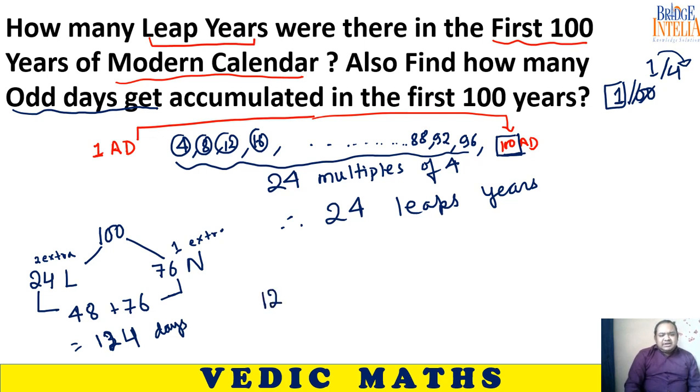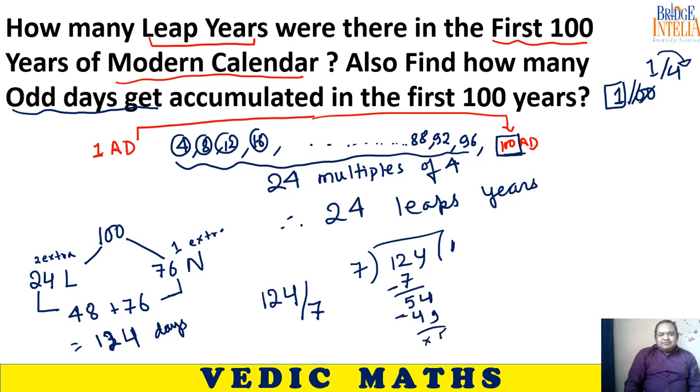So this can be further divided by 7. Let's divide 124 by 7 and see what the remainder is. You subtract 49, so 5 is the remainder. So the final remainder is 5. So you can say 5 extra days, or 5 odd days, get accumulated in the first 100 years.